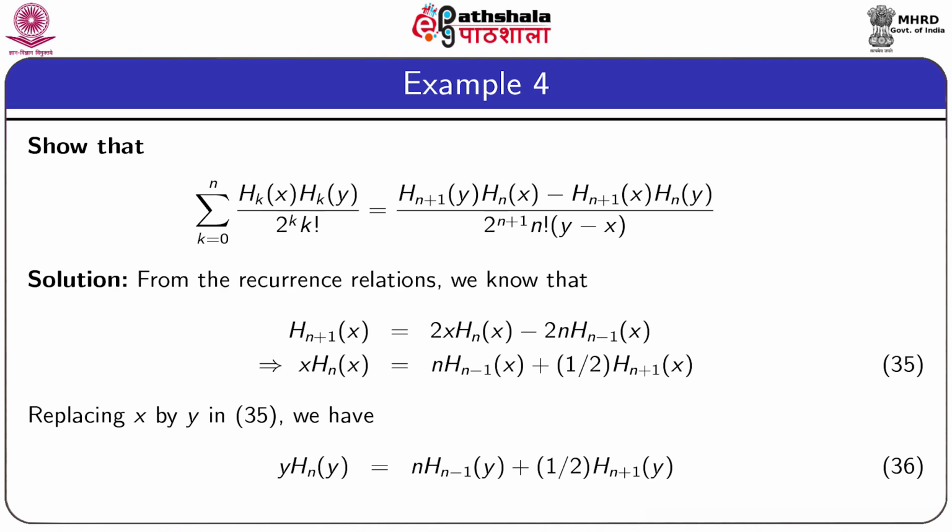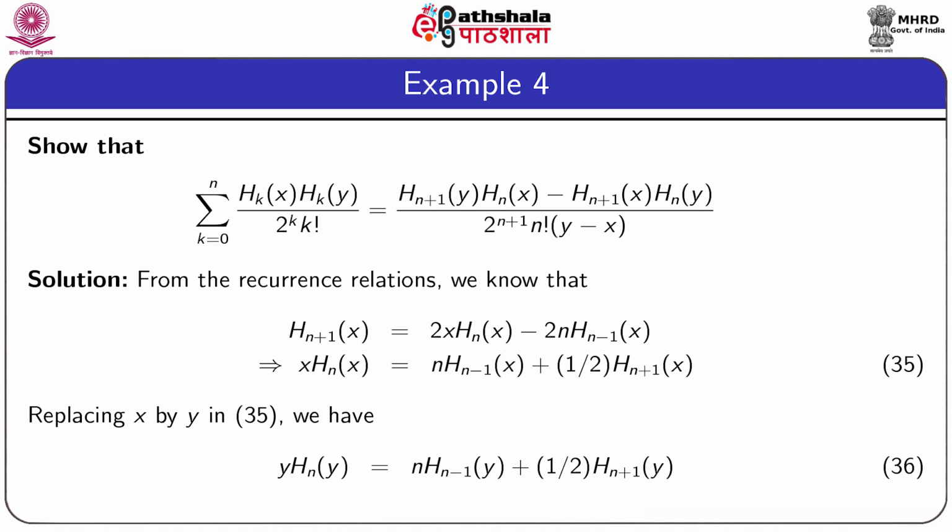In our next example, we will show that the summation k equal to 0 to n of H_k(x) H_k(y) divided by 2 to the power k into k factorial is equal to [H_{n+1}(y) H_n(x) minus H_{n+1}(x) H_n(y)] divided by 2 to the power n plus 1 into n factorial into (y minus x).